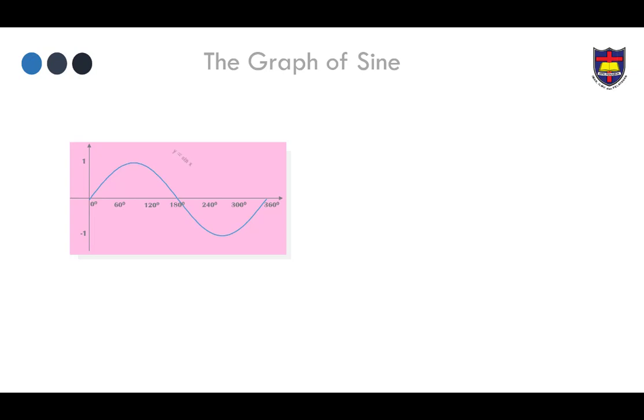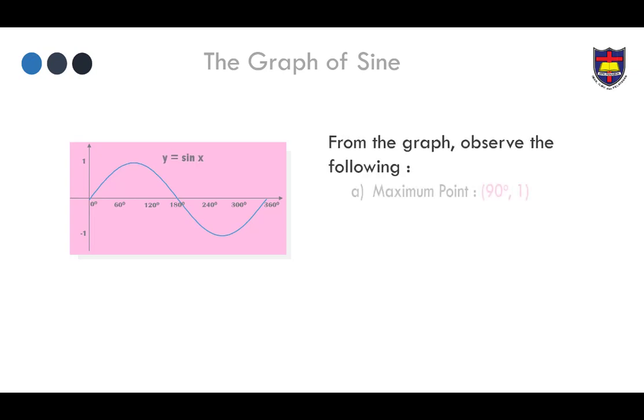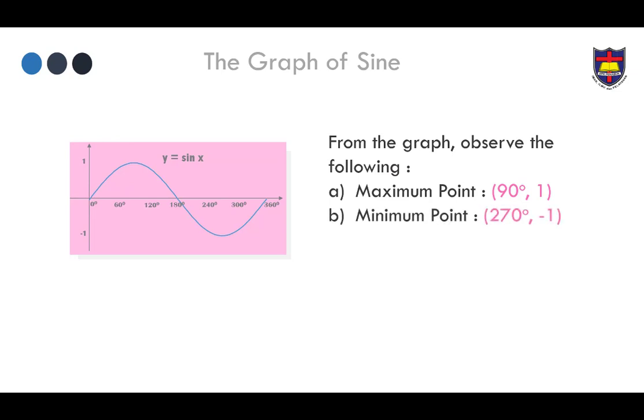And let's see, from the graph we can observe the following. The maximum point is 90 degrees, 1. The minimum point, we can see it between 240 and 300, it is 270 degrees, -1. So from the minimum to the maximum point, it has a range from the least value, -1, to the largest value, which is 1.